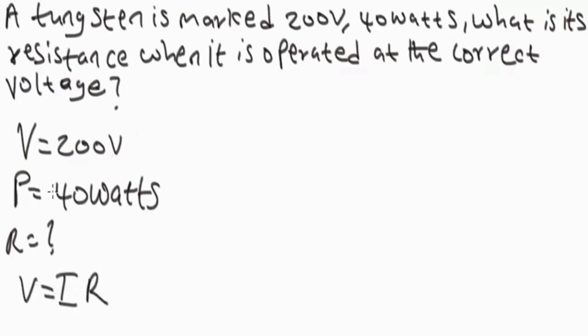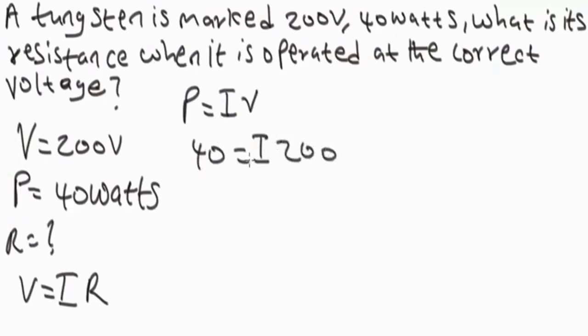And we don't have current. To get current, we use the formula for power. The relationship between power, current, and voltage is power equals current times voltage, that's IV. So the power there is 40 equals I, the voltage there is 200. To make I the subject of the formula, divide both sides by 200.